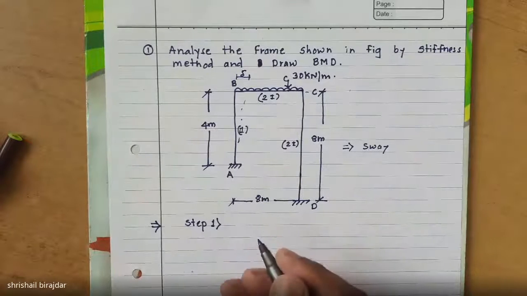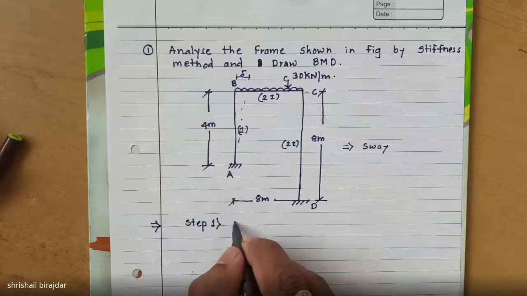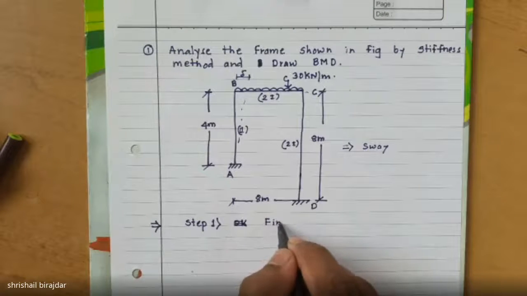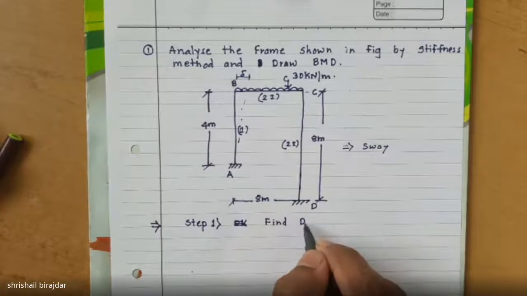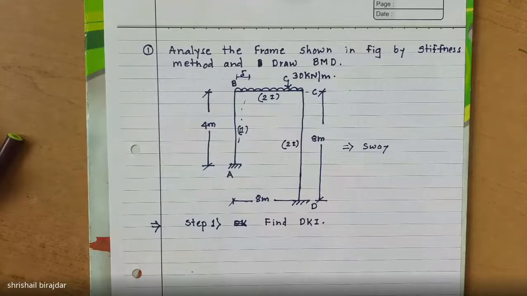The simple way: first, write down step number 1. Find DKI, degree of kinematic indeterminacy. I will find the degrees of kinematic indeterminacy for this structure.